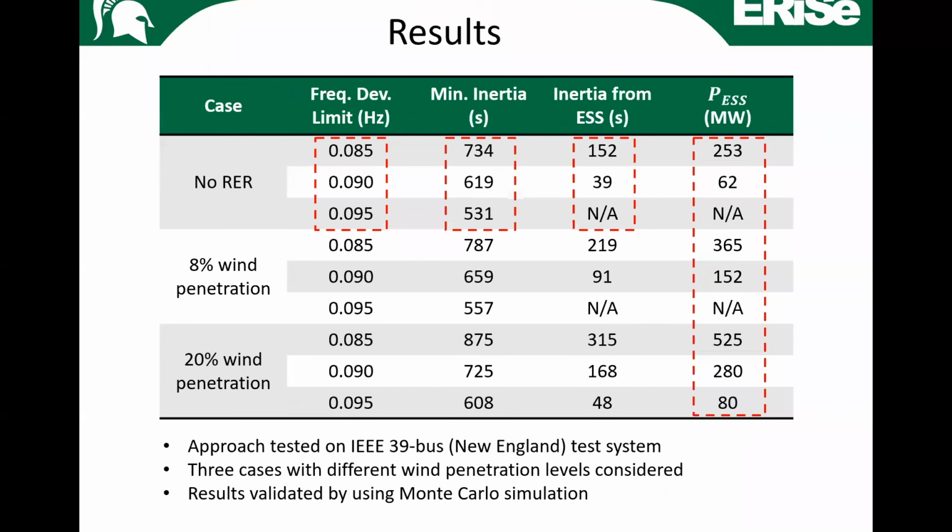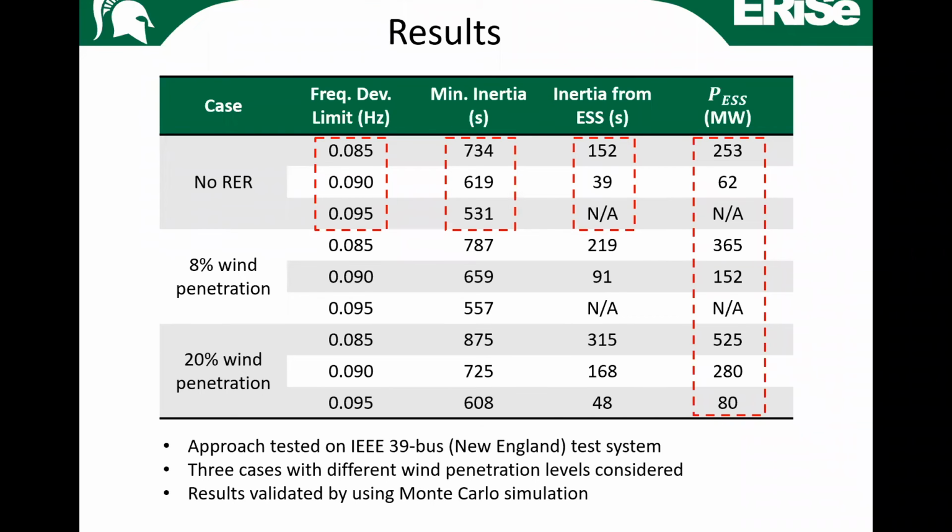And so we did this, again, using a well-known test system for dynamic and stability studies. That's the IEEE 39 bus system, also known as a simplified version of the New England test system. And we looked at 3 cases with different wind penetration levels and different frequency deviations that we allowed. Okay, we found that if we allow a large enough deviation, even without renewable resources, we may not need synthetic inertia.